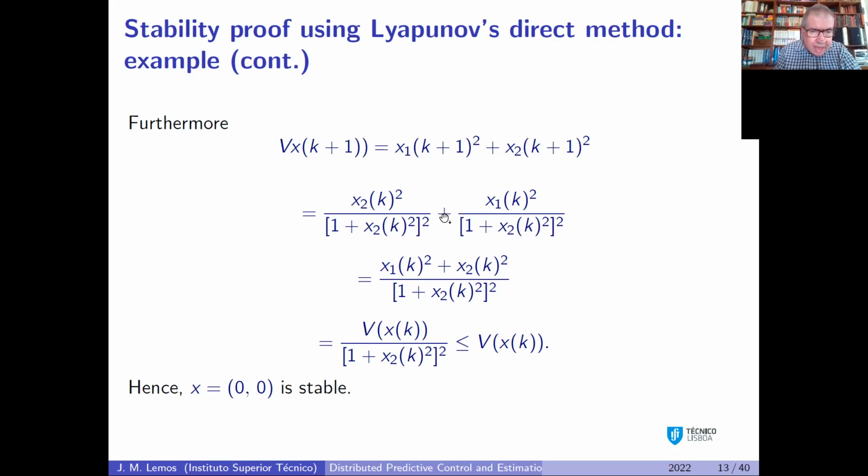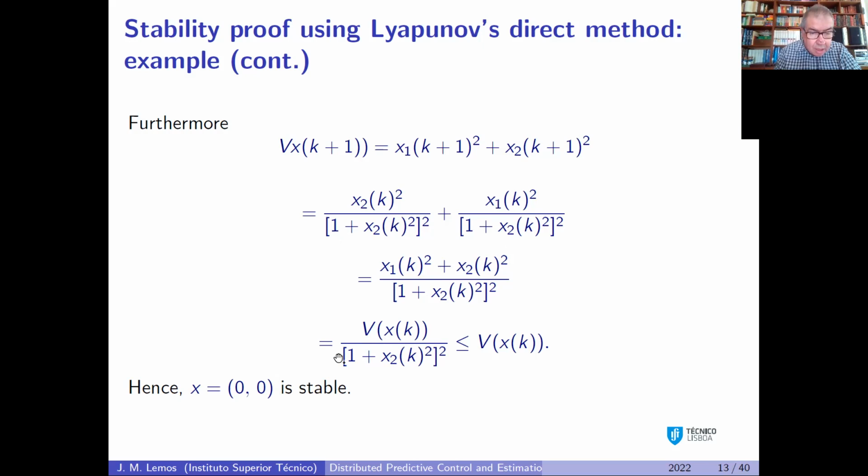But now I have a sum where the denominator is the same, so I can write this sum as x1(k) squared plus x2(k) squared divided by this denominator. But the numerator is nothing more than V of x(k).